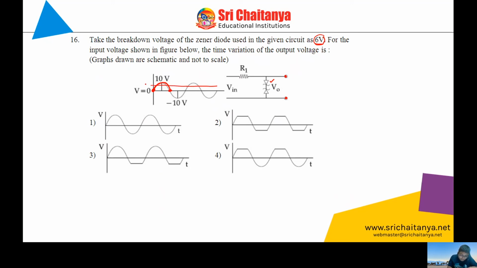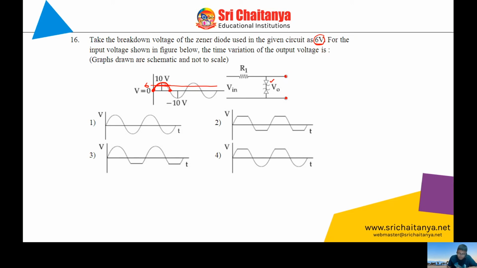So from 0 to 6 volt, the output voltage will be the same as the input voltage. But from 6 to 10, when the input voltage exceeds the Zener breakdown voltage, the Zener diode will act like a voltage regulator, and it will not allow the output voltage to become greater than 6 volt. So the output voltage will be 6 volt only now.